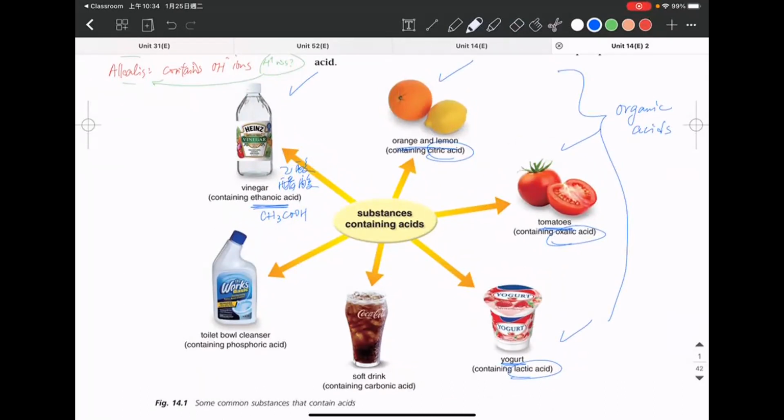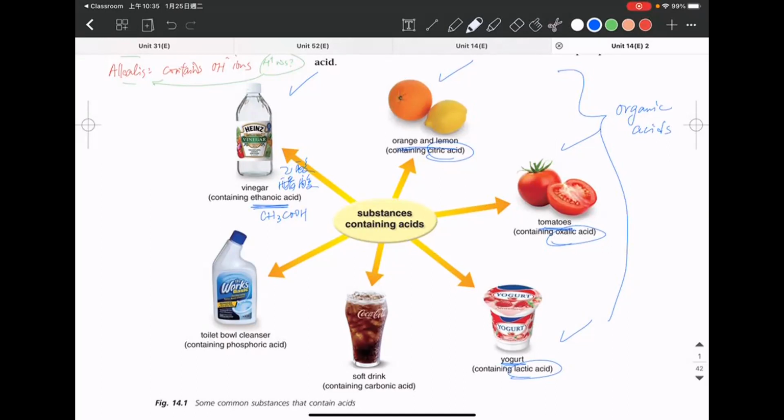In the past, people thought that those chemicals could only be found in living organisms. But nowadays we find it not correct, because for organic acids we have some technology to produce them even from inorganic, non-living substances. I would like to talk to you about that one by one later.